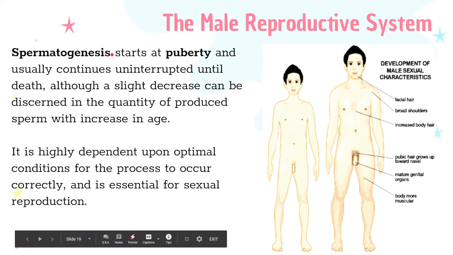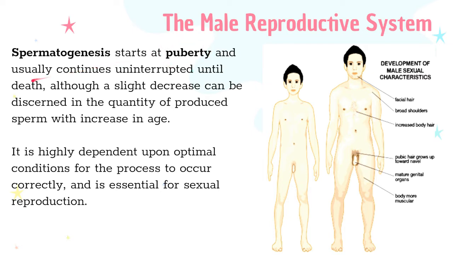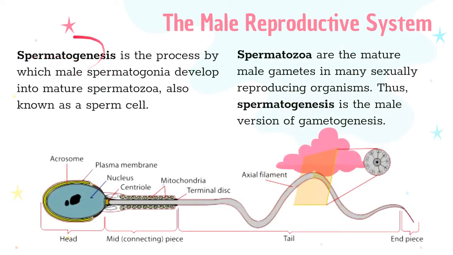So spermatogenesis starts at puberty for males and usually continues uninterrupted until death. It means that as soon as a male starts puberty, he can produce sperm cells until his death, all throughout his life, because spermatogenesis is the production of sperm cells.